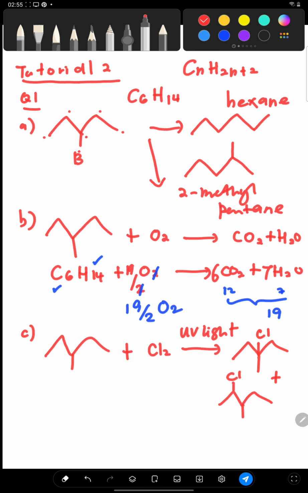Major and minor. Here is major, here is minor. How do I know the structure of the answer? Because before this you learned that when you have a straight chain alkane, 1, 2, 3, 4, 5, plus Cl2 in the presence of UV light, you will get it like this, right?